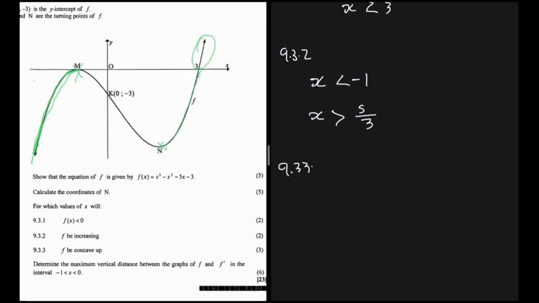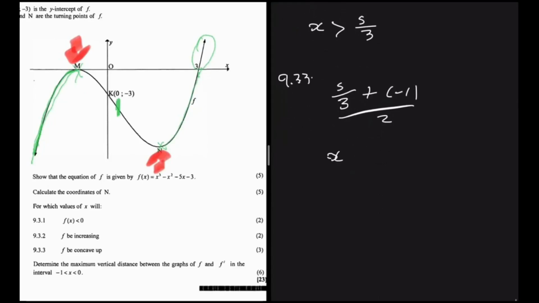And then 9.3.3 says the values for which f is concave up, right? So what's the point of concavity? The point of inflection is somewhere here between our turning points, right? If you want to find the x value of the point of inflection, you just sum up the values of the turning points and divide by 2. So we have 5 divided by 3 plus -1, and if we divide this by 2, we get the x value of the point of inflection.